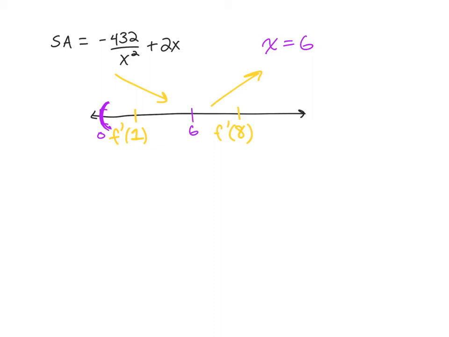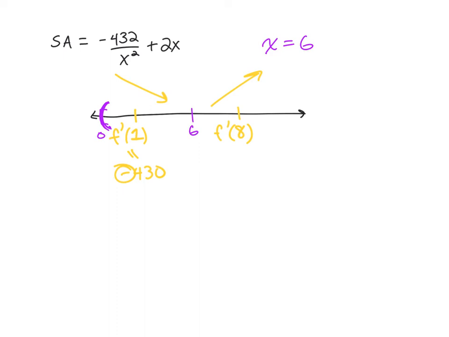So f prime of 1, when you substitute 1 into this function, you get negative 432 plus 2, which equals negative 430. And it's negative, so the function is decreasing between 0 and 6.